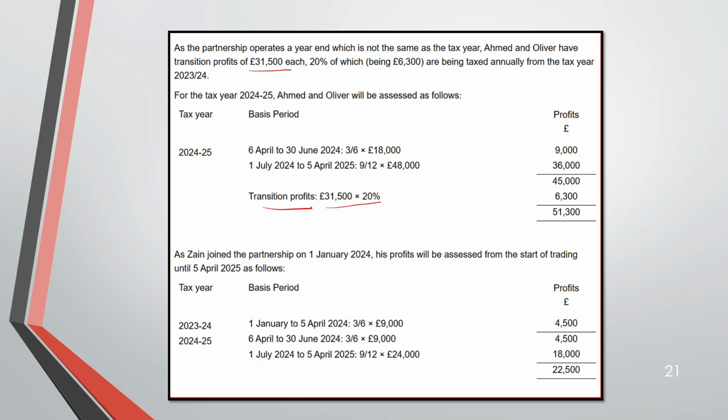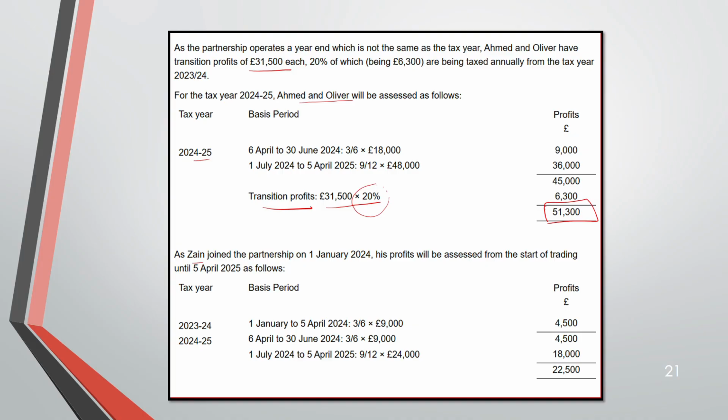Because transition profit is spread over 5 years. When I explained transition profit in my previous lectures, I told you that you have to spread the transition profit over 5 tax years. Starting from 24-25, so 5 tax years, that means 20% for the 5 years. So 20% of 35 you will add, and then this is your profit. This is the same for both Ahmed and Oliver.